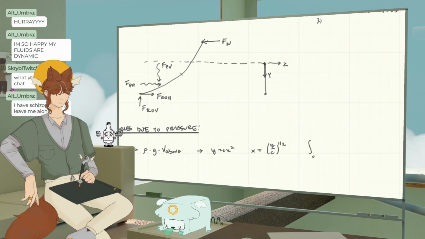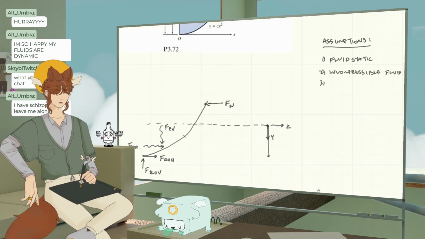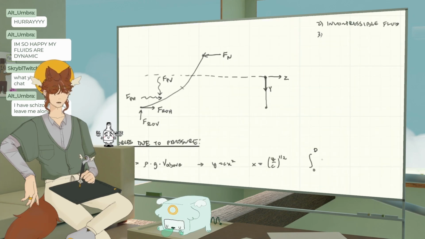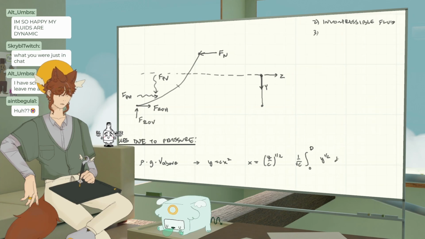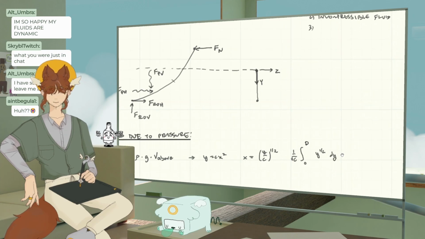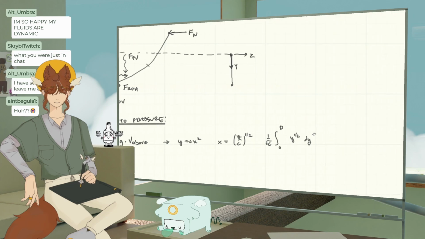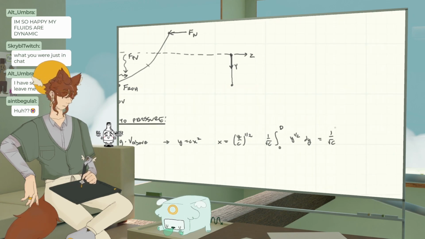Okay, I'm doing the integral from 0 to d of y over c, which is y to the 1/2 times 1 over root c, dy. C is just a constant. So the integral gives y to the 3/2 over 3/2, from 0 to d.